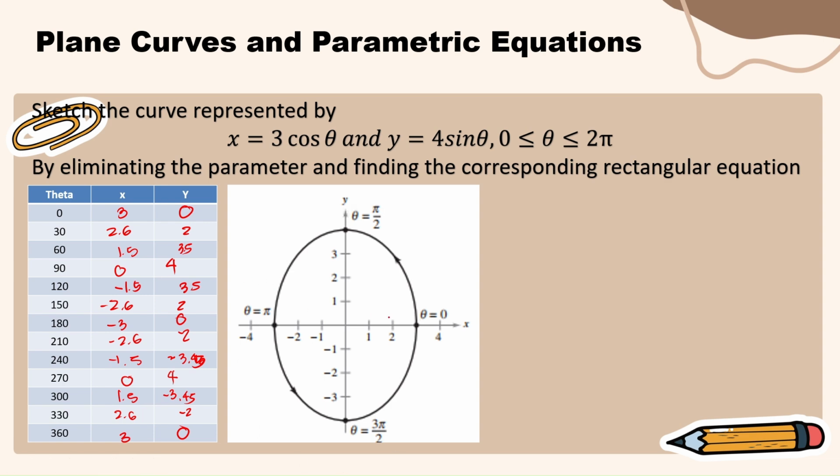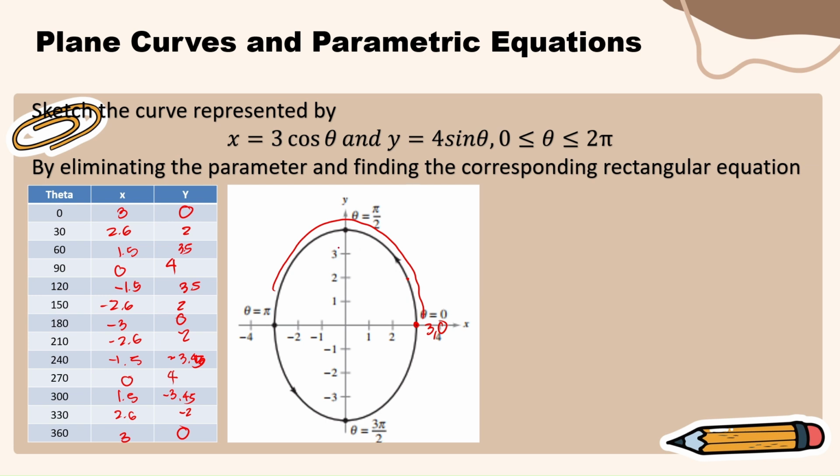So, take note lang tayo that this is our 3, 0. Then, as our theta increases, it rotates counterclockwise. I-follow natin yung movement na yon. Kasi from angle theta, what we have is 2.6, 2, so somewhere here.